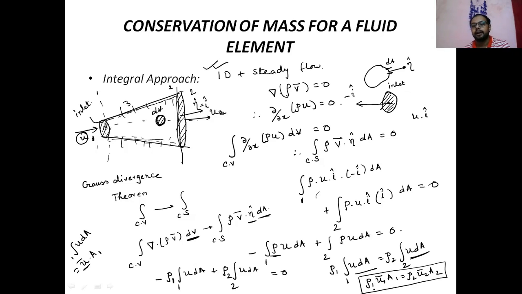If slip is occurring, the velocity might not be. So whenever we are taking this equation, it is only applicable for one-dimensional steady flow, and the velocity is the average velocity over the section. This consideration you might have done.